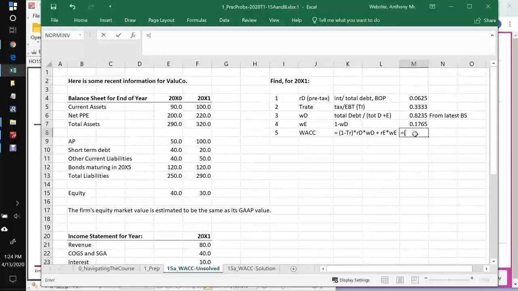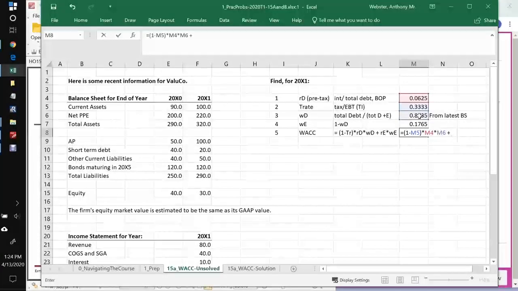Okay, so let's say here 1 minus, here's our tax rate, 33%, okay, times, we want to multiply that times our pre-tax cost of debt capital, okay? And I'll say a little more about that in a second. And we want our weight of debt, multiply it by that to get the proper weighting.